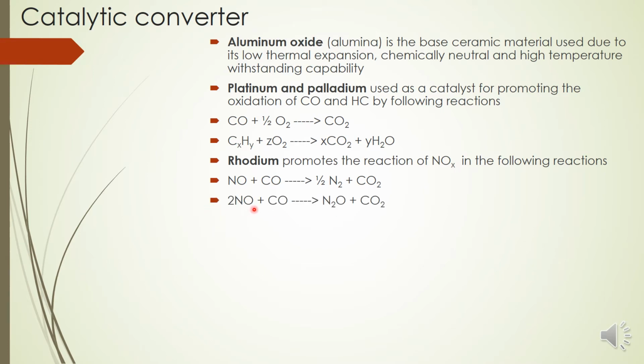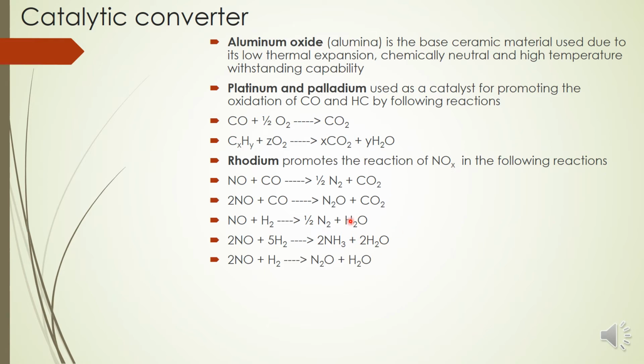And in another reaction, nitrogen monoxide will react with carbon monoxide to form N2O and CO2. And it will also react with hydrogen to form similar products, nitrogen and water vapor. Again, ammonia is formed with water vapor. So these are a number of reactions happening.